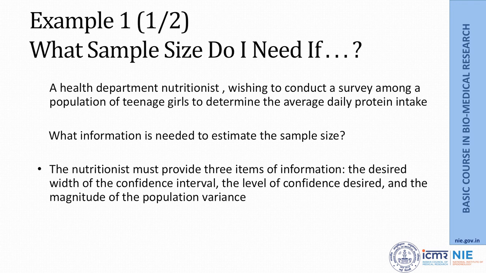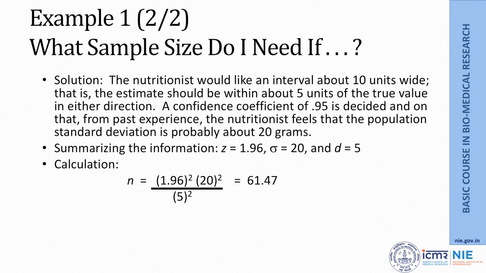The nutritionist must provide 3 items of information. The first one, the desired width of the confidence interval. The next one is the level of confidence desired, and he should give a rough magnitude of the population variance. Assume that he gives them all.